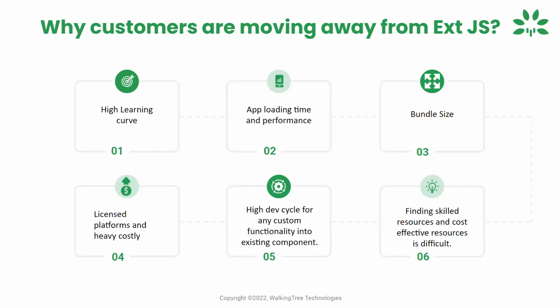As we already know, ExtJS is an OOP-based framework where we have to define classes, but the learning curve is high compared to any other framework that exists in the market today. Finding the right resources or training new developers on the ExtJS framework became a bottleneck. That's one major reason why people are trying to move away from Sencha.